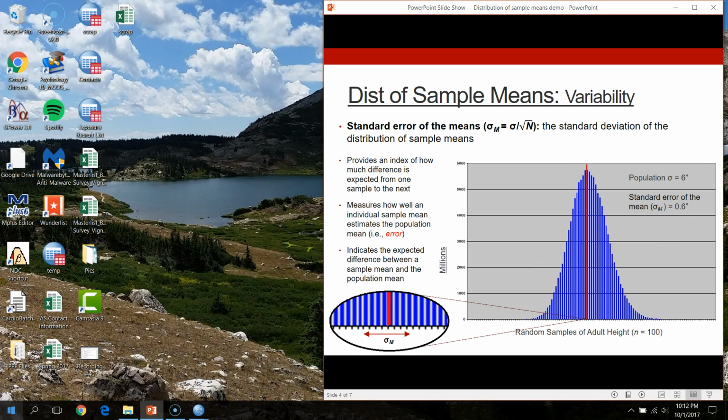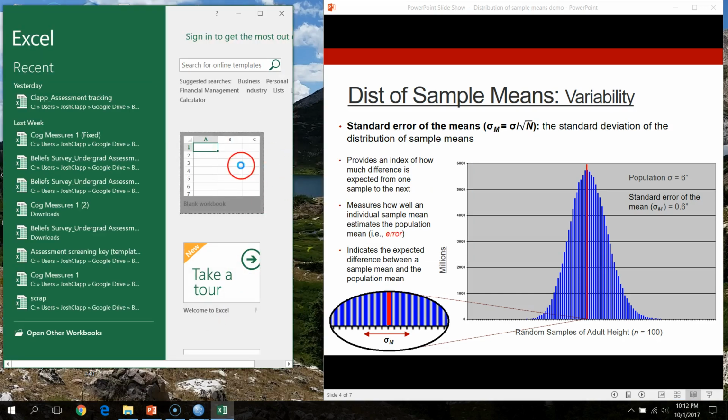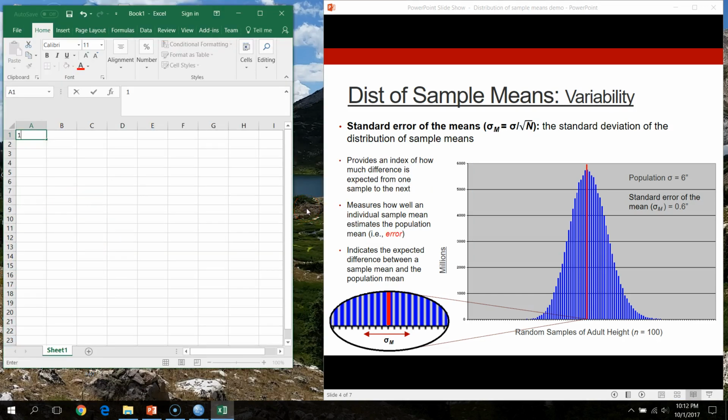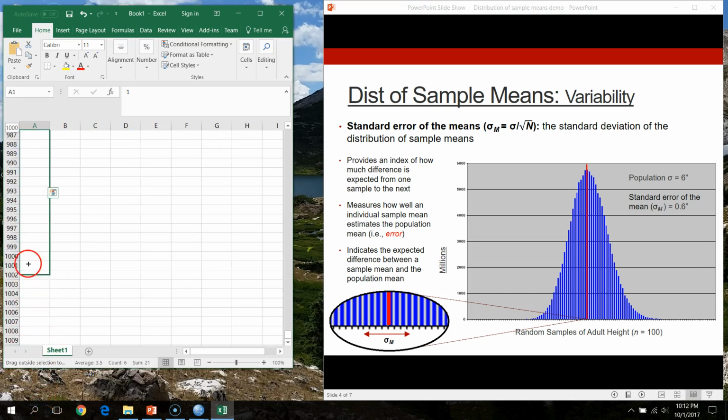So what I want to do is calculate, with some randomly generated data, a sampling distribution. I'm going to create a population of scores, and I'm going to put this population at 1,000.